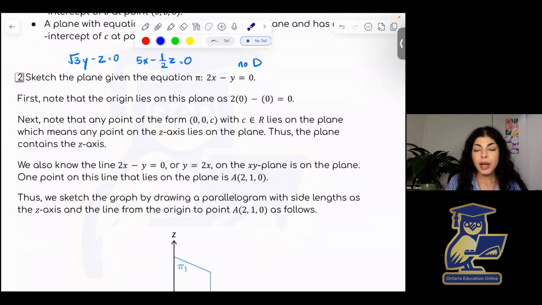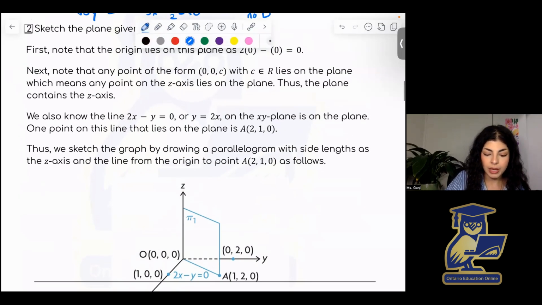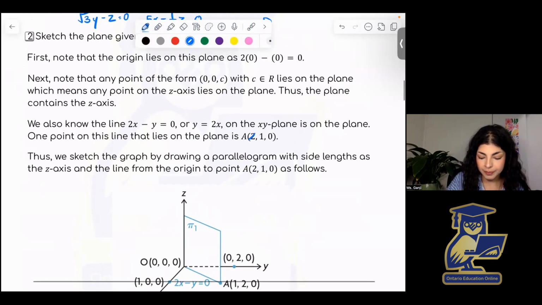Now, we find one more point on our plane, and so we interpret from 2x minus y. We just rewrite this as y equals 2x, because this was equal to 0. And so any point that satisfies y equals 2x will be on the plane as well. So one example could be, sorry, this should be 1, 2, 0, my bad.